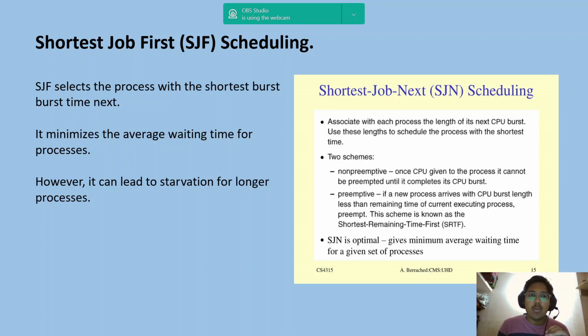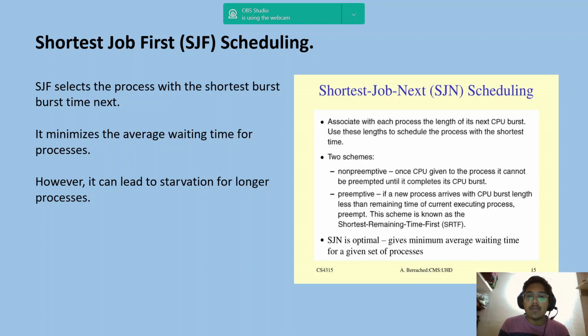What is the benefit of shortest job first? It will minimize the average waiting time for the processes. But what is the disadvantage? It can lead to starvation for longer processes. Basically, if a process has around 10 seconds, even if it is the first process, it will have to wait until other processes are executed, right?